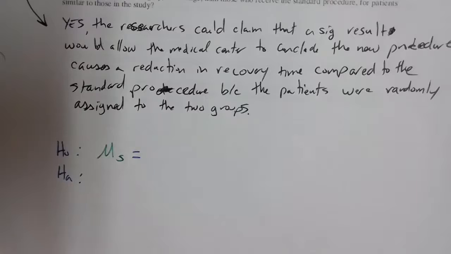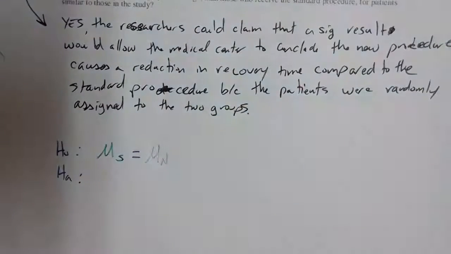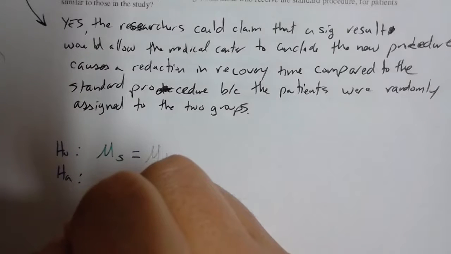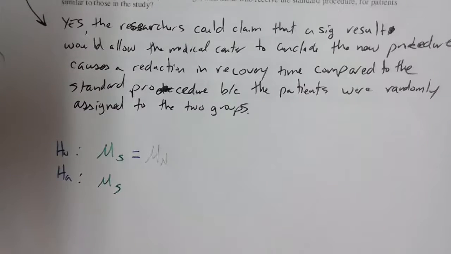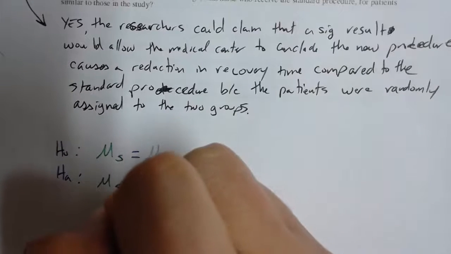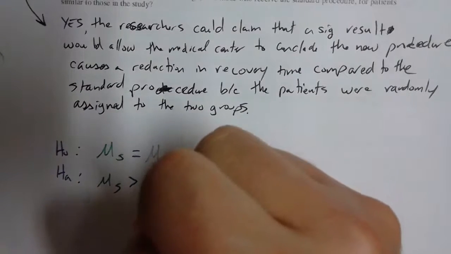And I'm going to make sure I define these parameters. We can't use these symbols without defining them. And then the alternative hypothesis is that the new procedure is less, so that the standard procedure will have a greater mean.